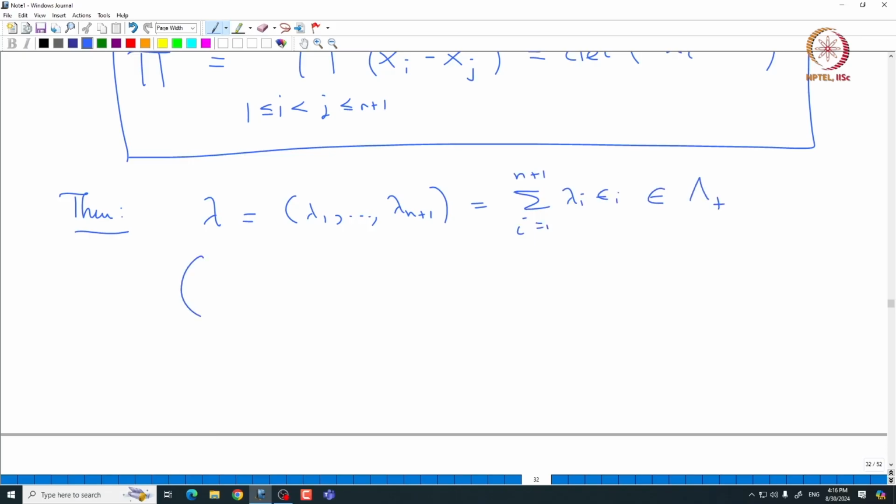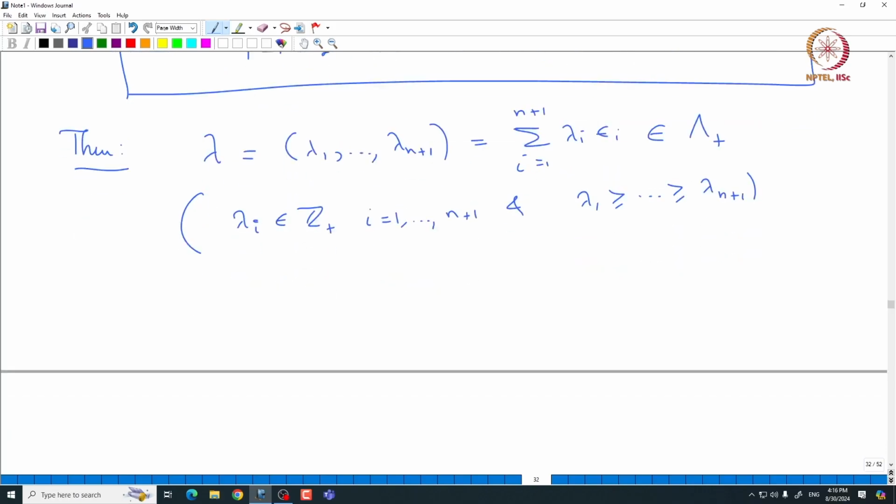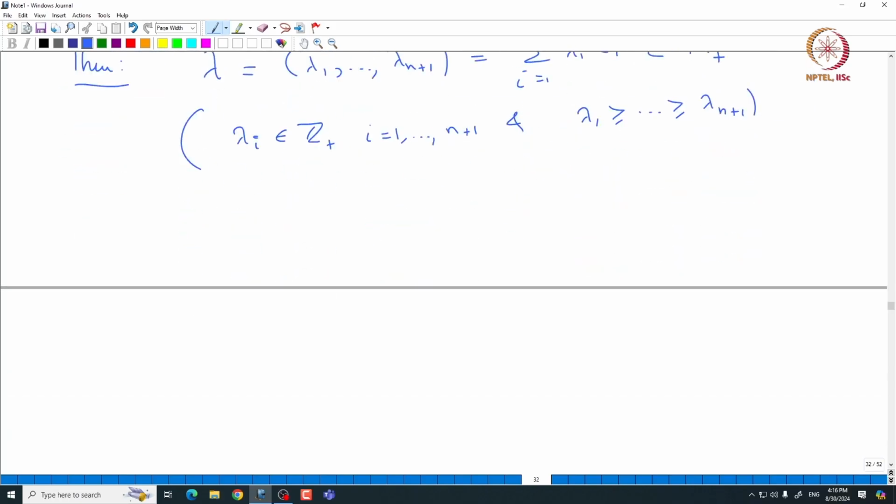That translates into all the lambda i being non-negative integers for i ranging from 1 to n plus 1, and they are non-increasing: lambda 1 greater than or equal to lambda 2 etcetera, lambda n plus 1.